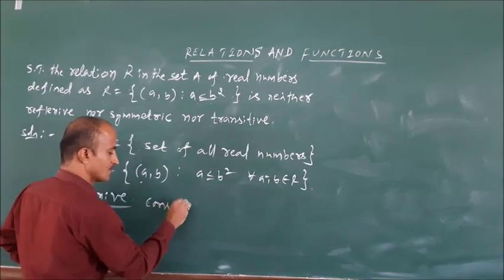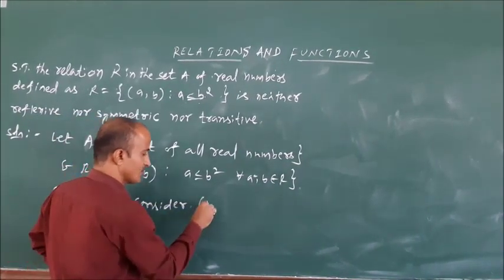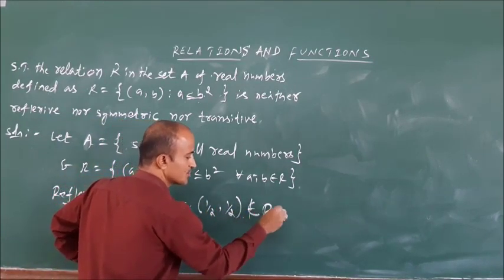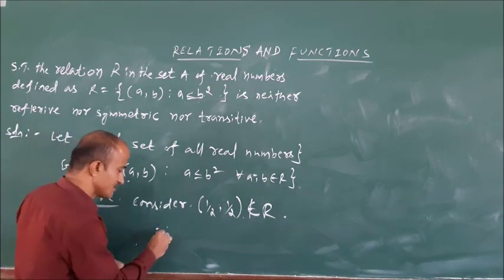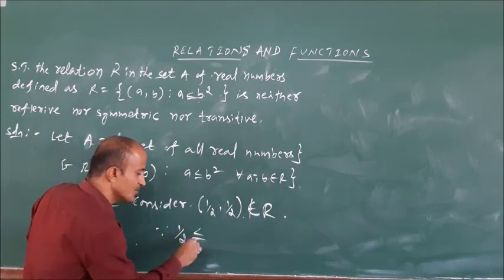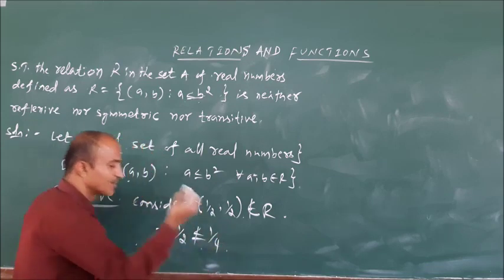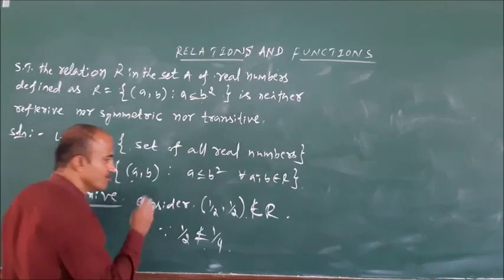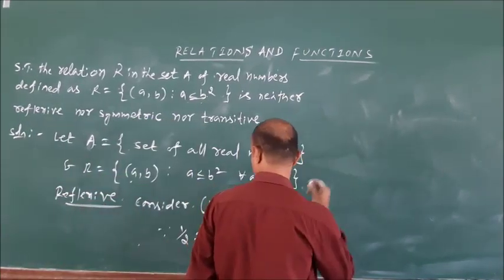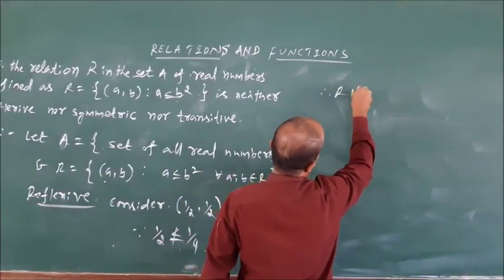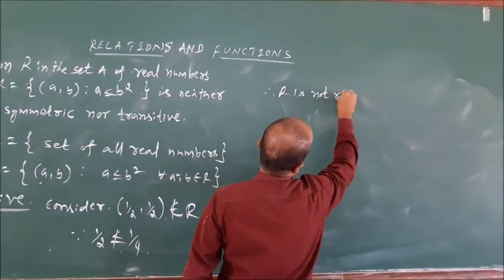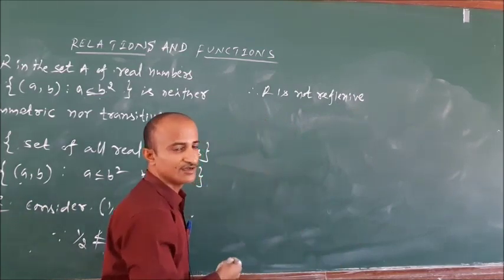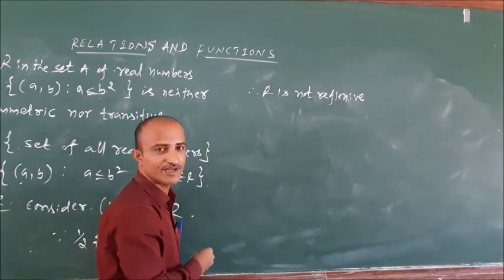Consider (1/2, 1/2), which does not belong to R, because 1/2 is not less than or equal to 1/4. Therefore R is not reflexive. See, here we have not proved it generally; by a counterexample we have shown that R is not reflexive.